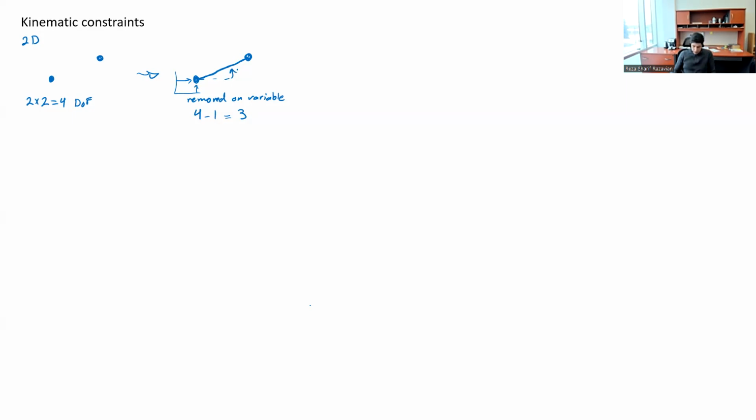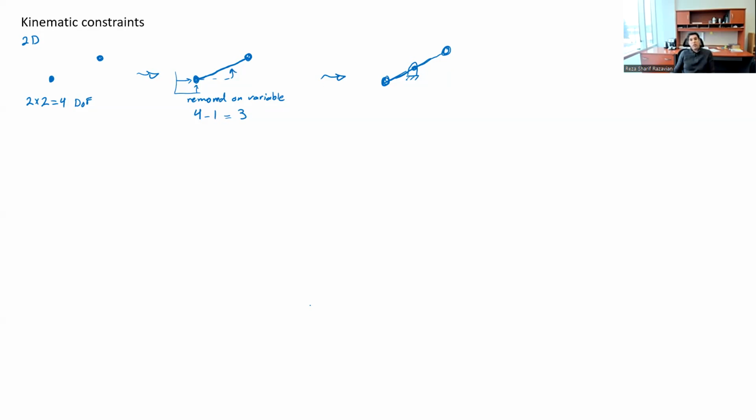So let's add another constraint. So still I have these two bodies, they're connected together. Now in this rod, let's pin the middle point to the ground. Now this becomes interesting because it shows the idea of constraint is not, again, similar to degree of freedom, unique.